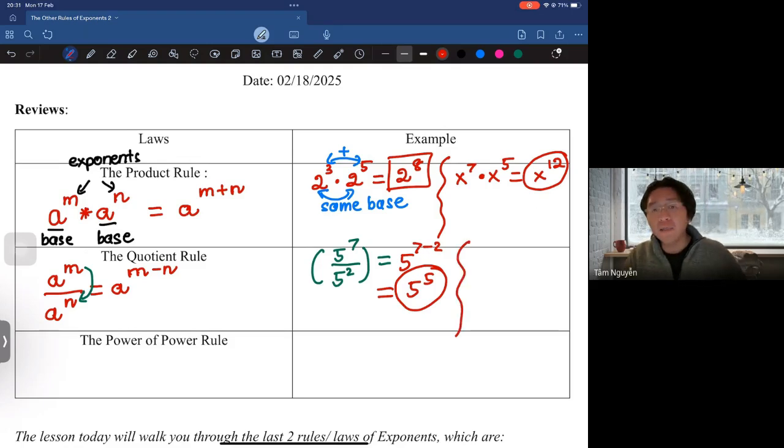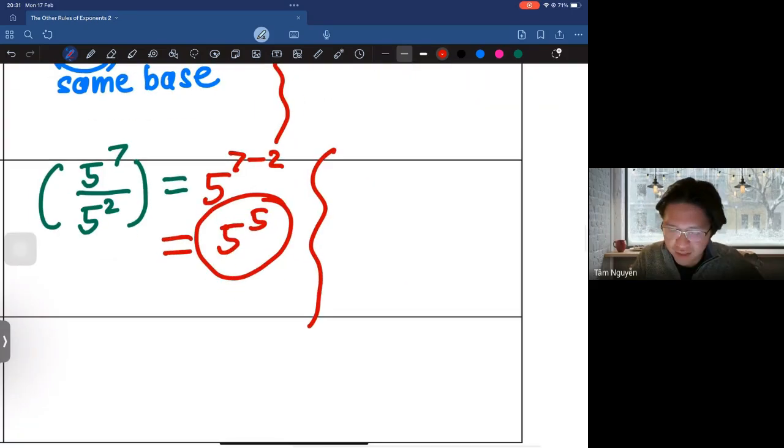Later today, you're going to see some kinds of problems where you have two exponents multiplied together on top, and something you are dividing by at the bottom. So how are you going to work on it?